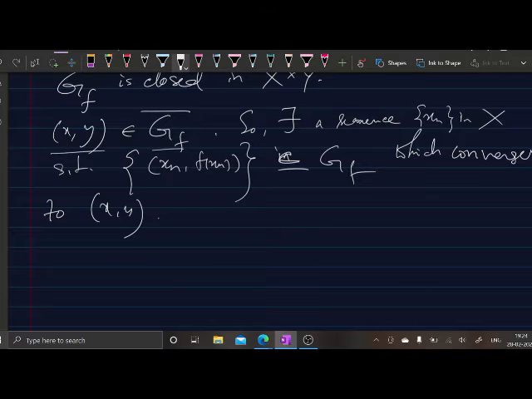Okay, since it is in the closure of this set, you can find one sequence in X which will give you the sequence in G_f that converges to (x, y).